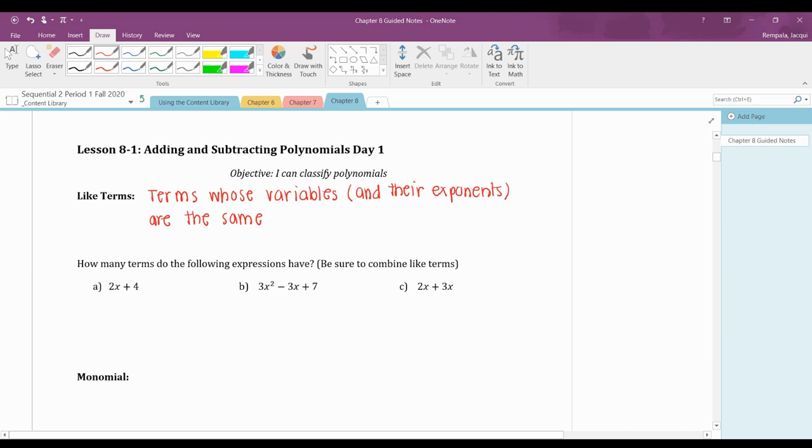So terms whose variables and their exponents are the same. So we're looking for the same letter, same exponent with that letter.